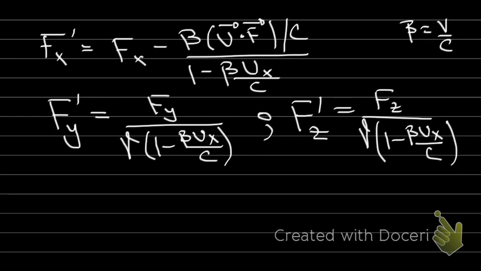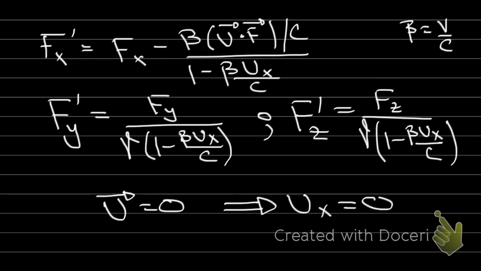Right. Okay. Now, since the charged particle is at rest in the S prime frame, vector u is going to be 0, right? So this thing is then 0, and obviously if this is 0, then so is my u in the x direction.